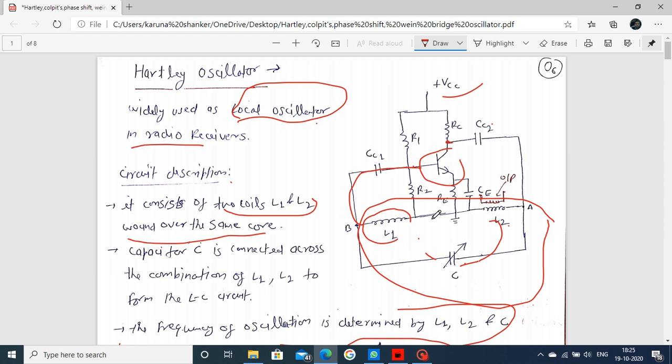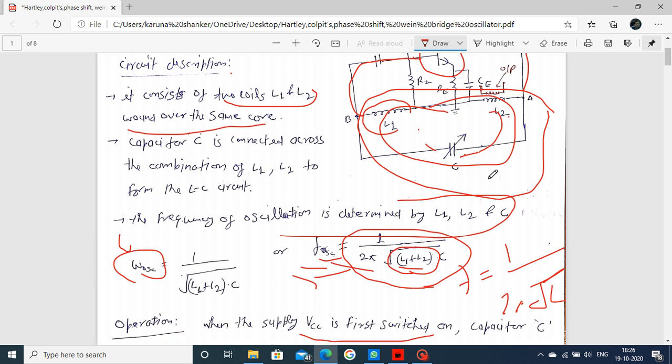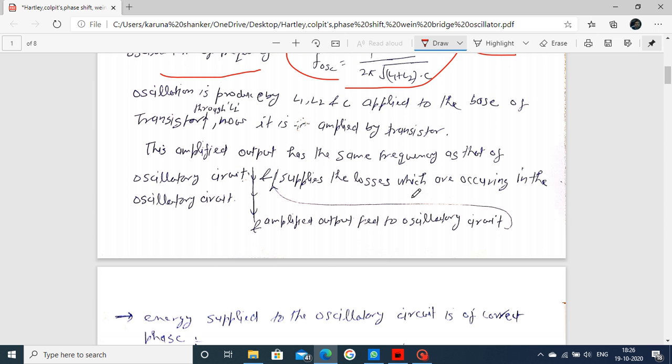Now some losses are present in an oscillator circuit, that's why we use feedback in the oscillator circuit. The losses present in the oscillator circuit are compensated by the feedback connection.